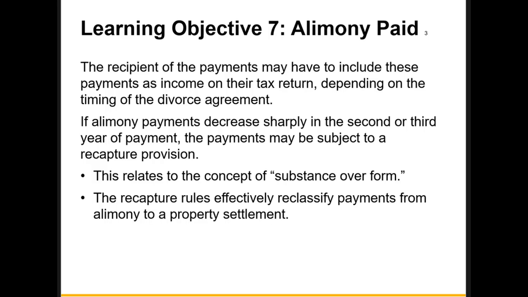So sometimes a spouse might want to deduct it, so they change their property settlements into alimony, which means they have a lot of alimony right after the divorce, and then it drops off. If that's the case, you could have situations where they reclassify what you called alimony as a property settlement.